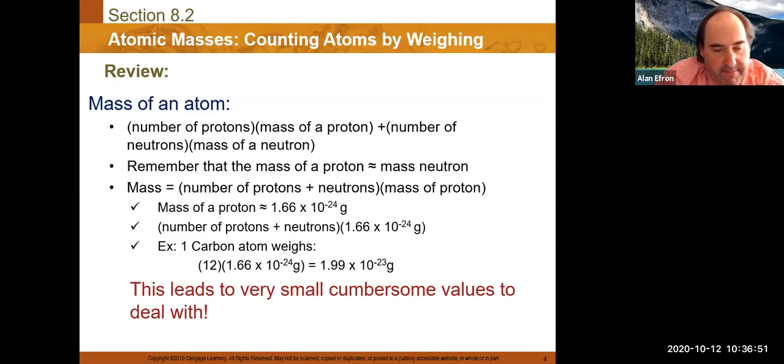The mass of a proton is about 1.66 times 10 to the minus 24 grams. If we add up that mass, we get very small numbers, which would be very hard to continue to use in calculations.